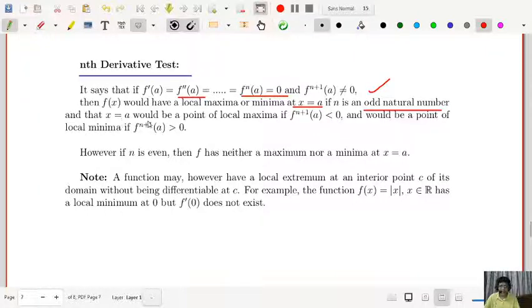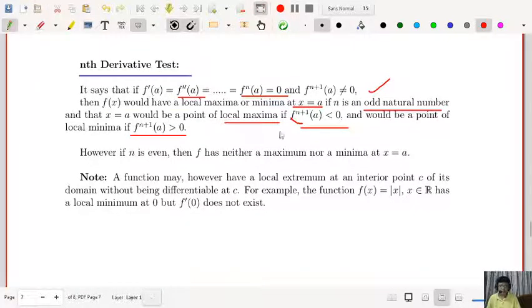And x equal to a would be a point of local maxima if the (n plus 1)th order derivative at a is less than 0, and would be a point of local minima if the (n plus 1)th order derivative at a is greater than 0. So n is an odd natural number.